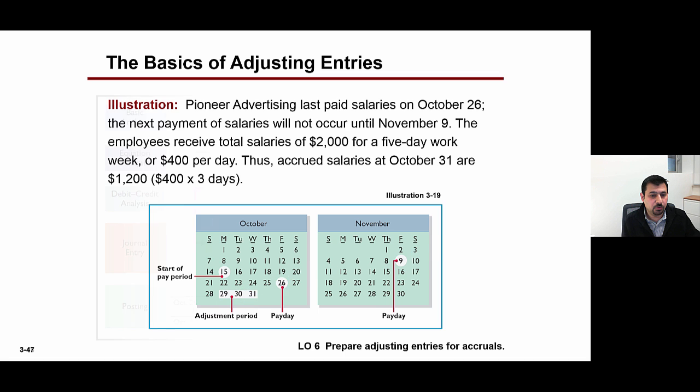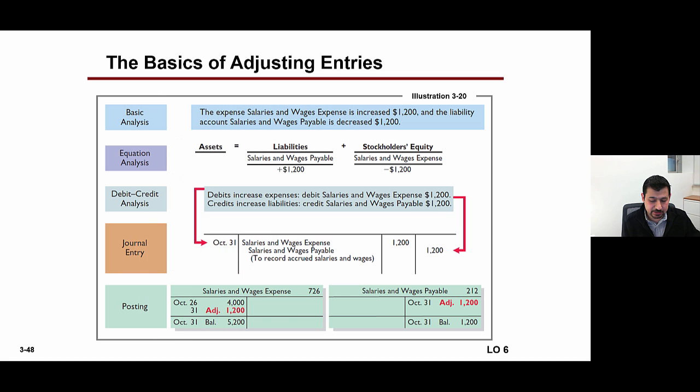So again, we record the salaries that have accumulated by the end of the accounting period, and we make the adjusting entry by debiting salaries and wages expense and crediting salaries and wages payable for the amount of $1,200.